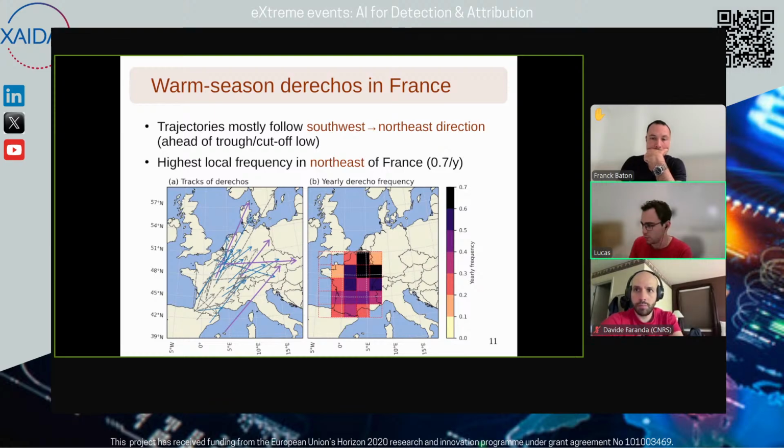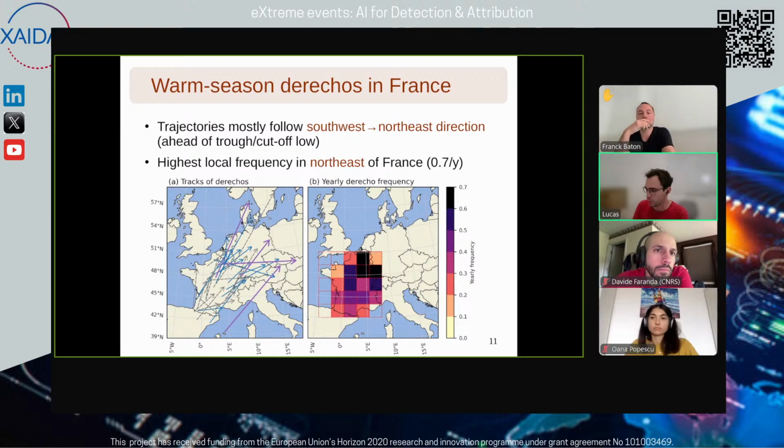That can happen if you have a front, for example, that will lift the parcel of air very quickly, or with the orography. But those are very local scale mechanisms that are very difficult to predict. So I don't have a definite answer about this. I think we have more to think in terms of probability given the synoptic and environmental situation.